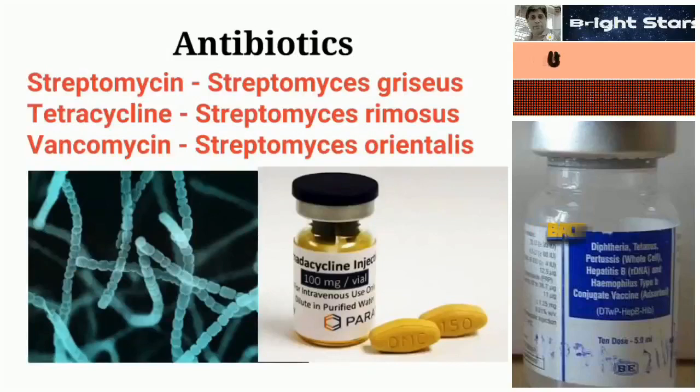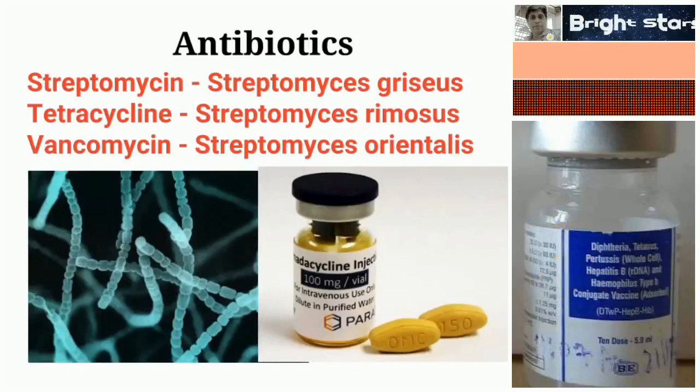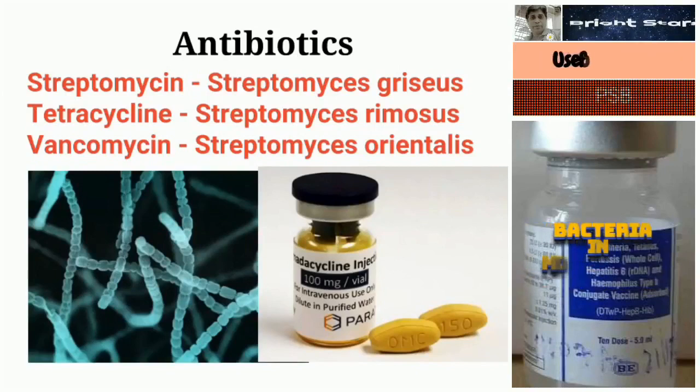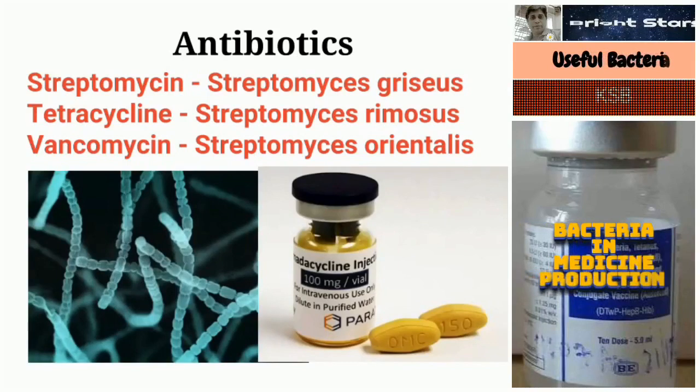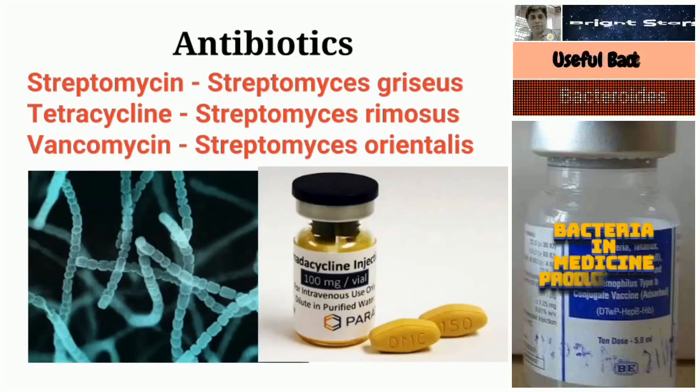Bacteria are useful in production of antibiotics. An antibiotic is any substance produced by one microorganism which is used to treat diseases. Antibiotics were actually discovered in Penicillium notatum by Alexander Fleming.